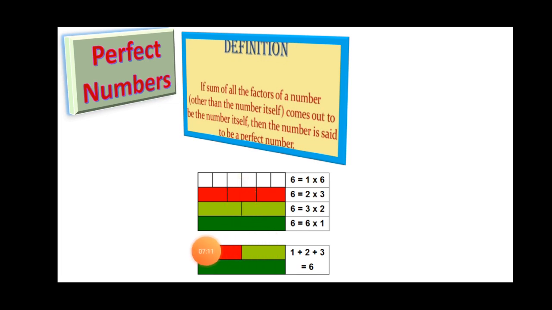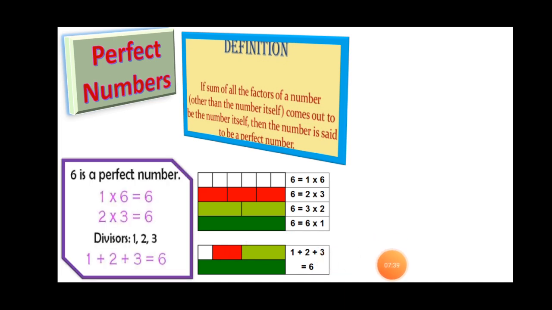So by adding this complete portion, you can see that one box of white color, 2 boxes of white color which formed one portion for red color, as well as 3 boxes of white color which gave the one portion for light green color, give us the complete dark green portion, that is equal to 6.